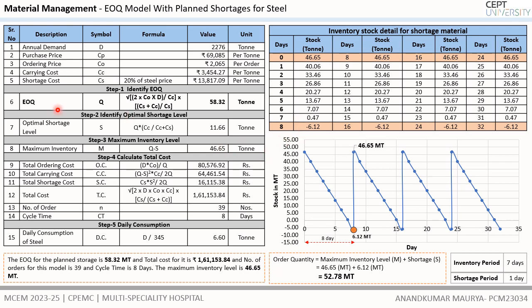The calculation table shows the EOQ is 58.32 tons, whereas the optimal shortage level is 11.66 tons, and the maximum inventory can be up to 46.65 tons.